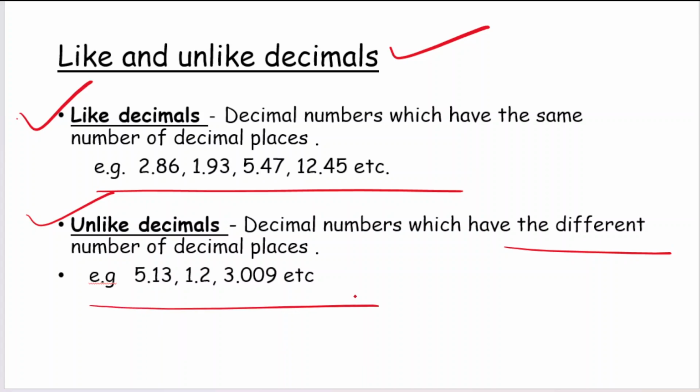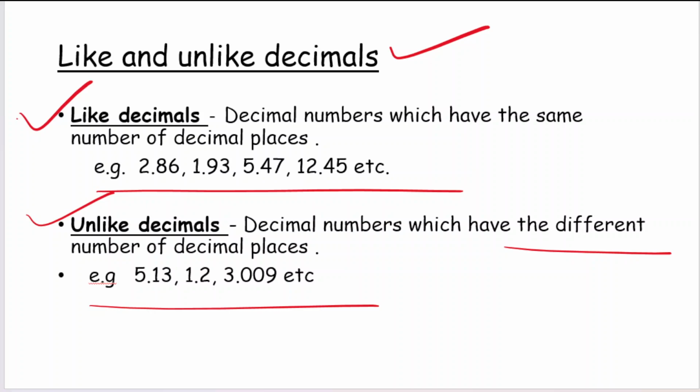Now, example: 5.13, 1.2, 3.009. Now, in the first number, there are two decimal places. In the second number, there is only one, and in the third, there are three. So, they have a different number of decimal places. That is why they are called unlike decimals.